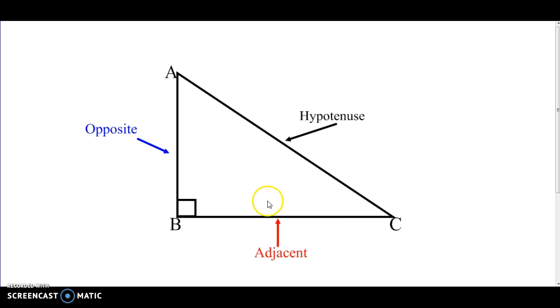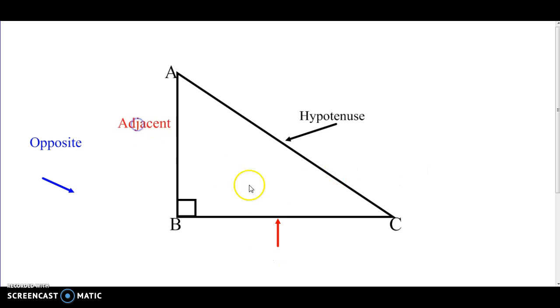Now, if we were talking about angle A instead, then we know that this would still remain the hypotenuse, but this side would be the adjacent side. And then this side would be the opposite side.